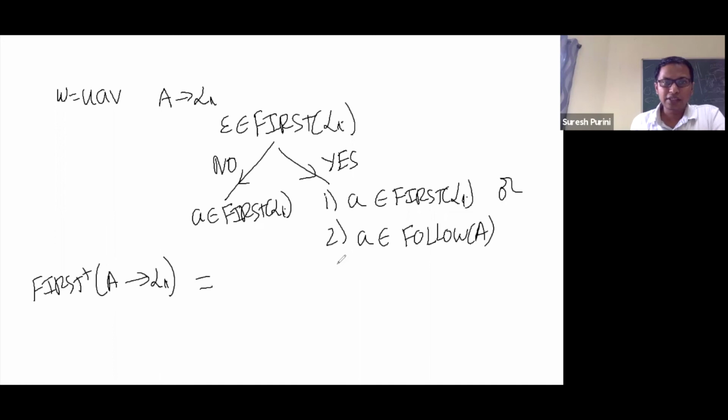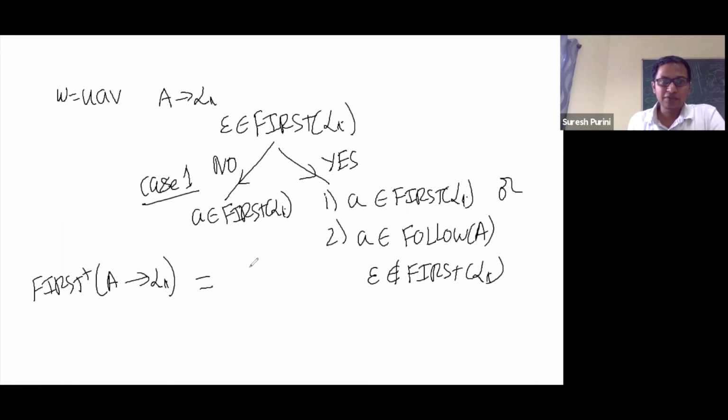There are two cases. The first case corresponds to the no branch here. That is, epsilon does not belong to first of alpha.